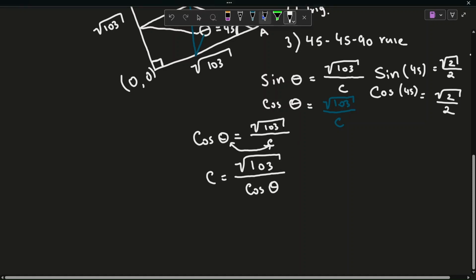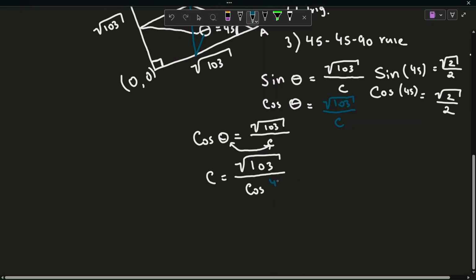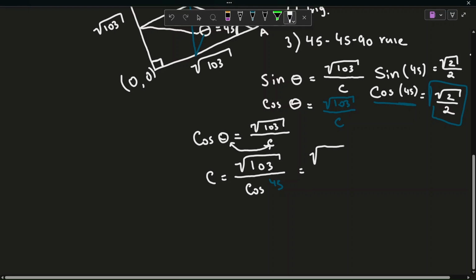Since theta here is 45, we can plug that in. And from here, we know that cosine of 45 is equal to the square root of 2 over 2. So that's going to be equal to the square root of 103 over the square root of 2 over 2.